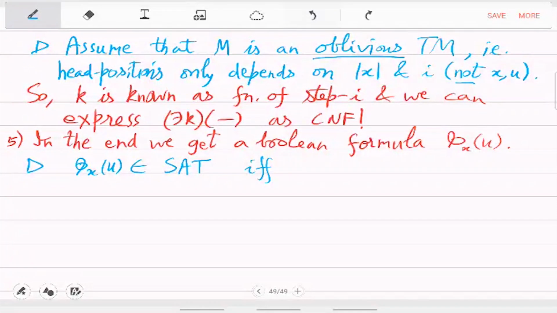So, maybe we write that in the middle: if and only if there exists a certificate u, which will happen if and only if x is in L. So, this input string will be a yes string if and only if the formula is satisfiable.